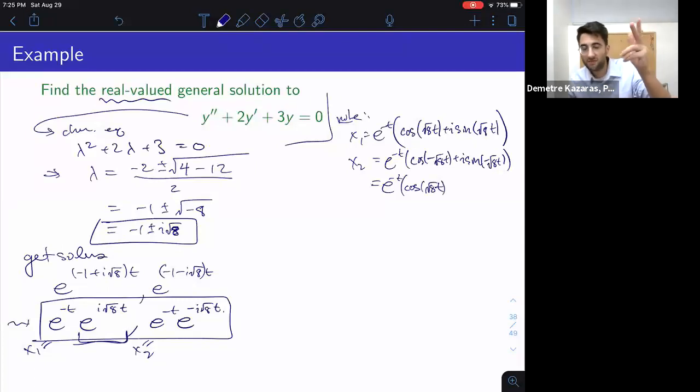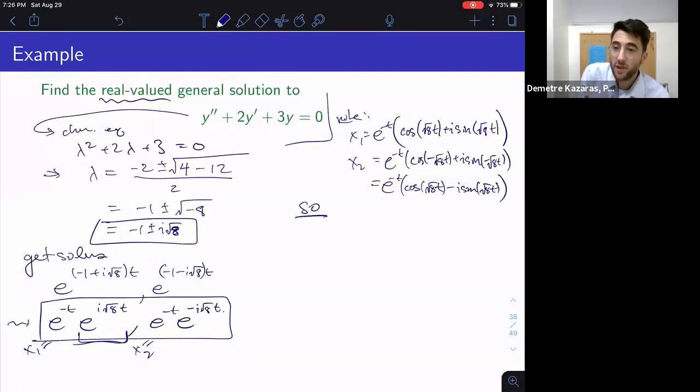Sine has the opposite property. It's an odd function: sine of 5 is minus sine of minus 5. So this here is minus i sine of root 8t.